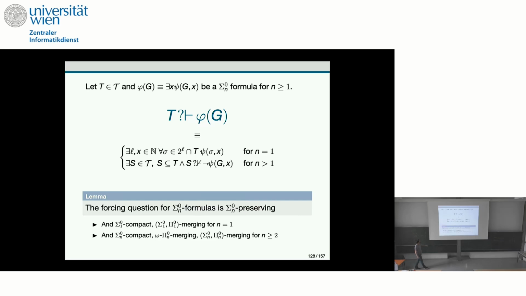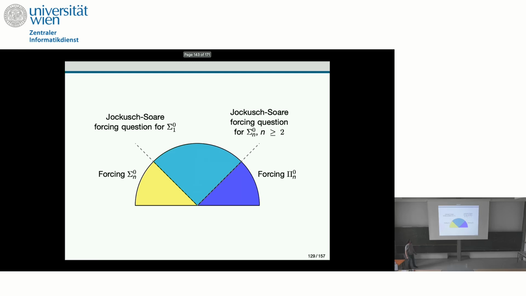But you are not, for example, ω Πn merging at the first level. On the higher levels, you come back to co-enforcing somehow, and so you are Σ01 compact, ω Πn merging, and Σn Πn merging. So if you look at the diagram, at the first level you are extremal on this side, and at higher levels you are extremal on this side.